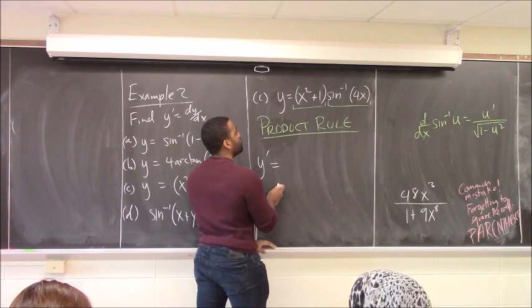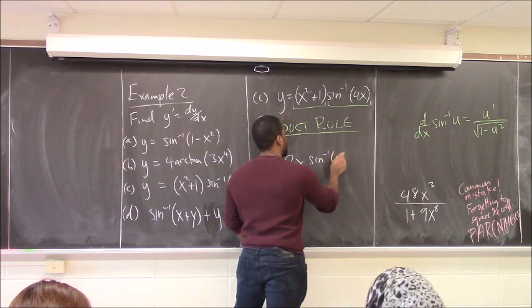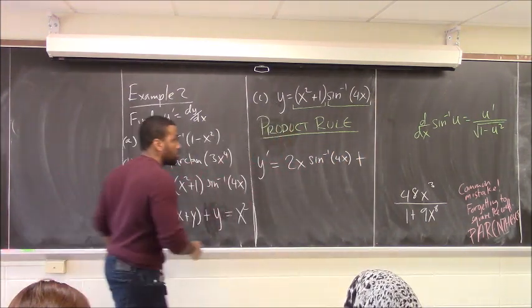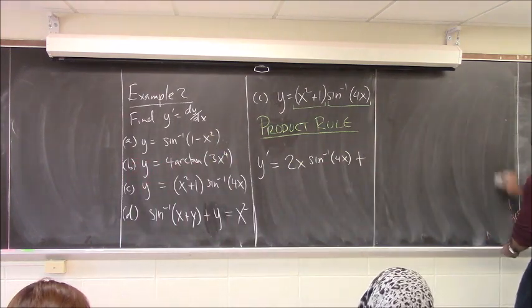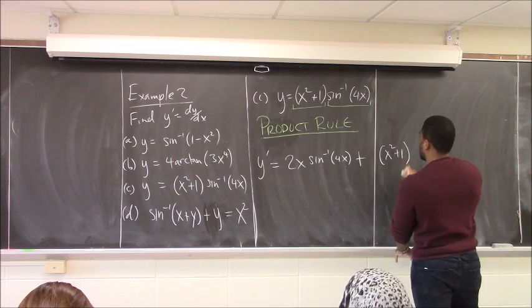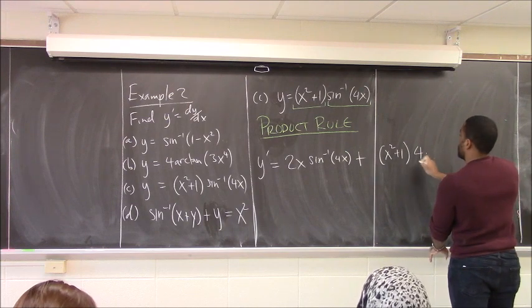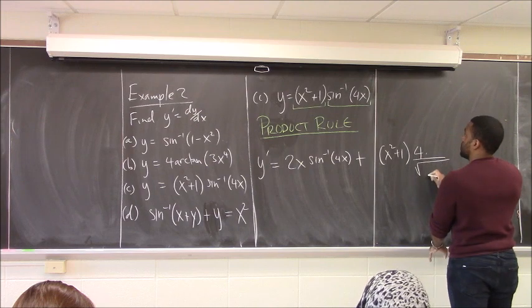F prime will be 2x times, plus x squared plus 1 times 4 divided by square root of 1 minus 16x.